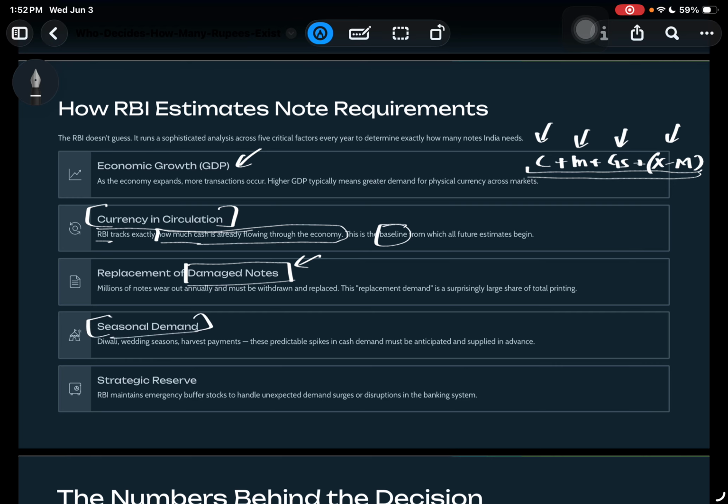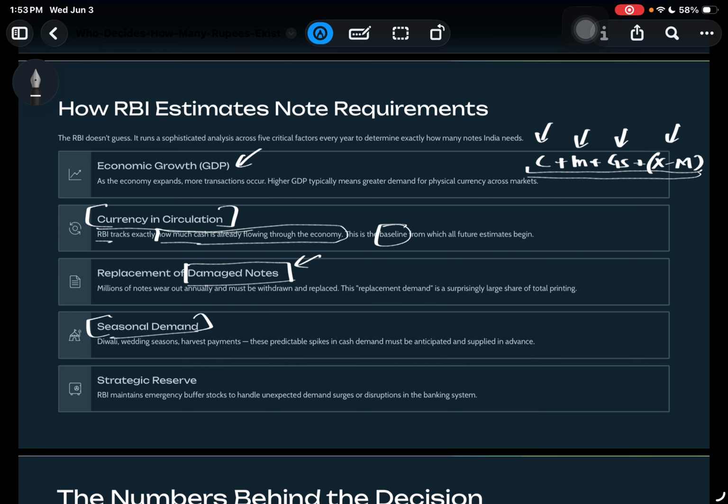See, seasonal demand. India is a country where there are a lot of festivals and people tend to use more and spend more money in terms of maybe gifts or buying themselves something new in those particular seasons as well. There are times when people tend to not buy, but there is a time like maybe Diwali, etc., where people's consumption increases a lot.